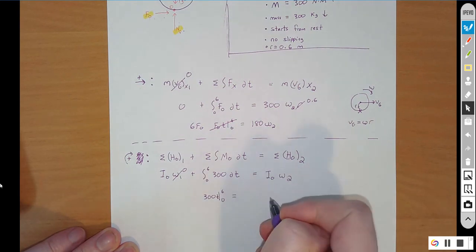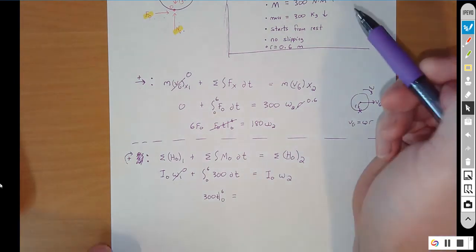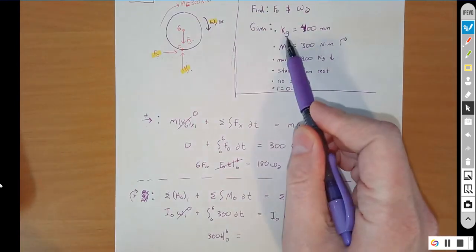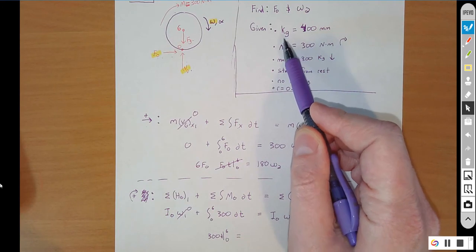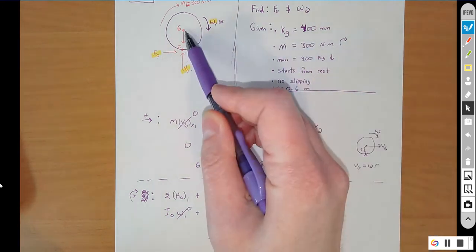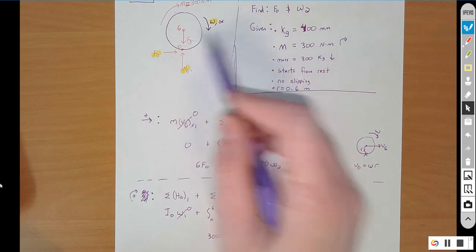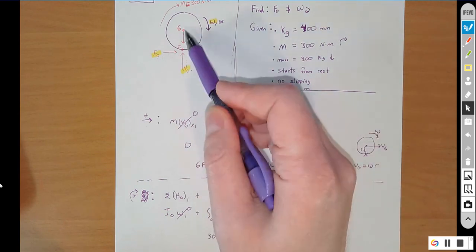equal to I naught. I naught will expand, so I need to use the parallel axis theorem because I was given the radius of gyration about the center of gravity. So note that in the problem they call it k naught, but originally they also called the center O or not, O whatever. So this is about O. I've relabeled this as O. Don't get confused.